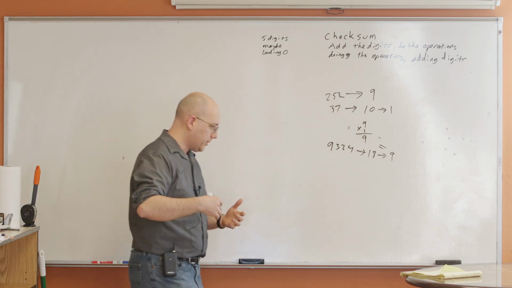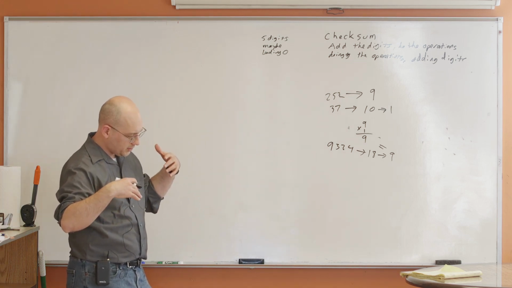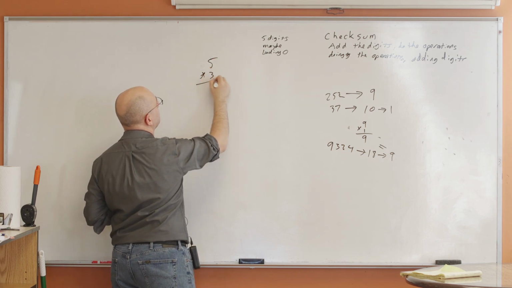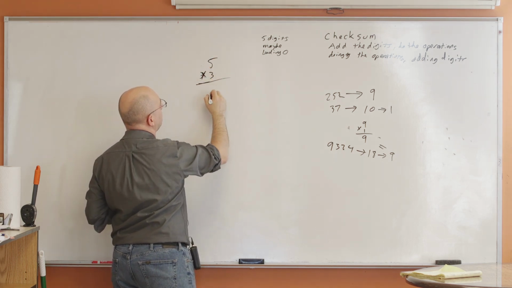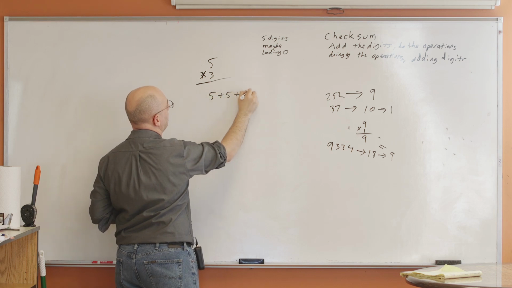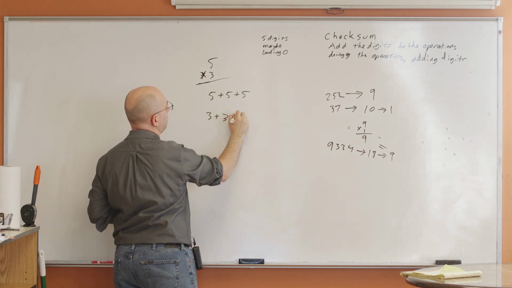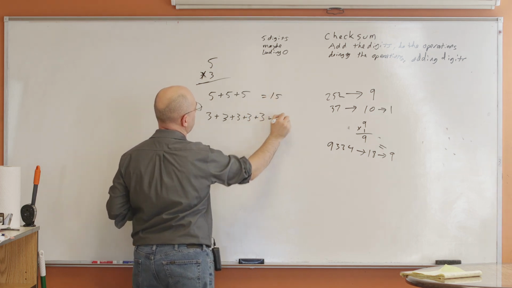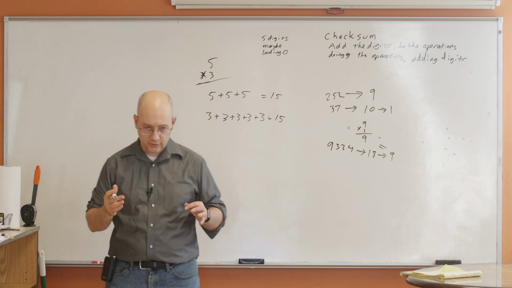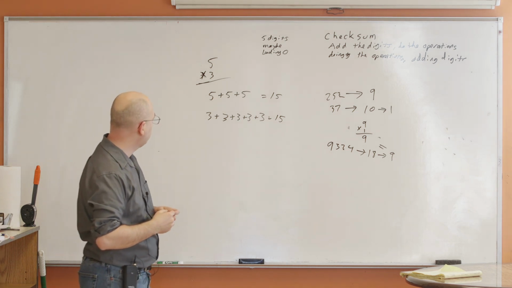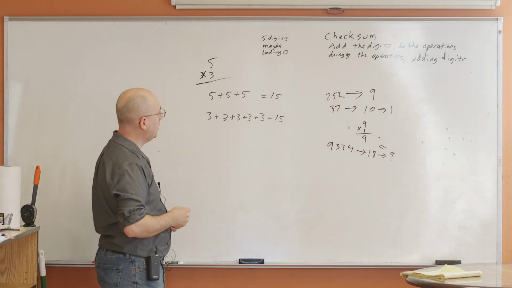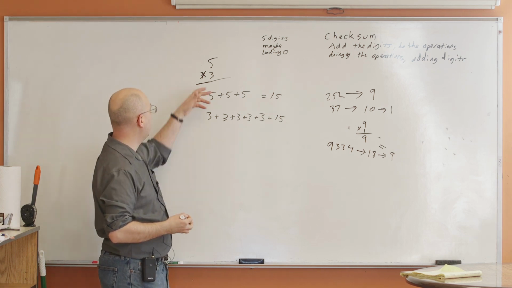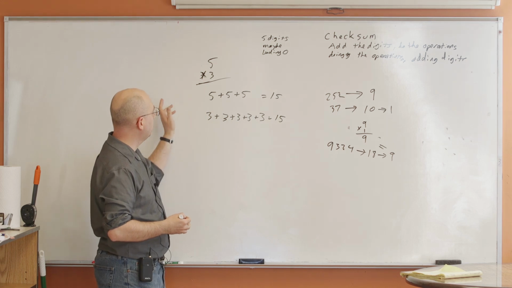Basically, 5 times 3 represents 5 plus 5 plus 5, or 3 plus 3 plus 3 plus 3 plus 3, right? They're all 15. The wonders of mathematics, these two things are the same. It's true for all. Whenever you want to multiply, you can think of it as adding one of them the certain number of times as the other number.